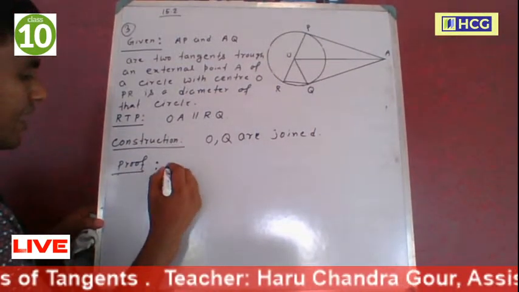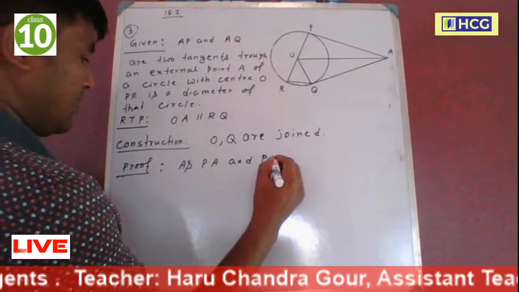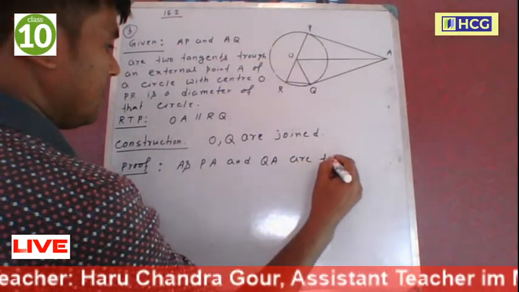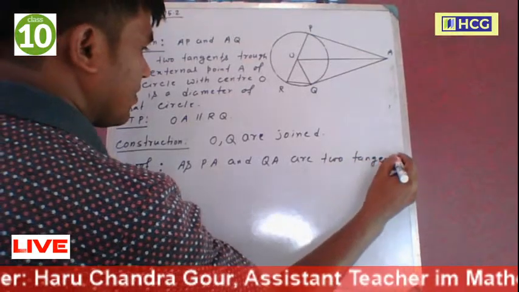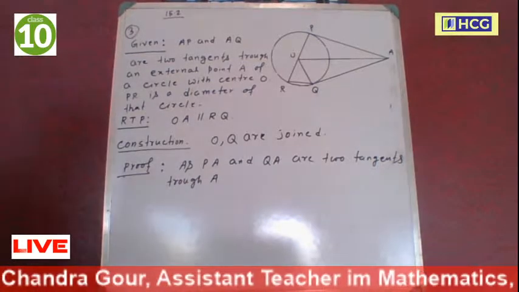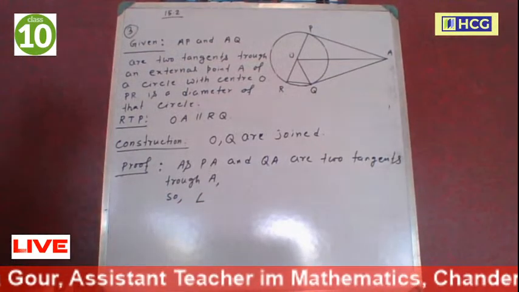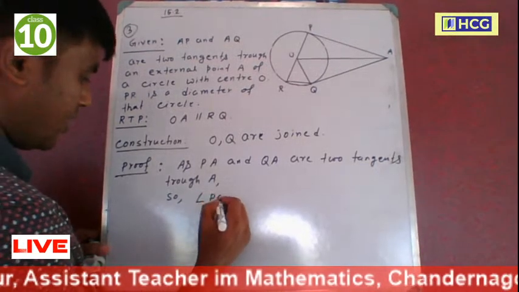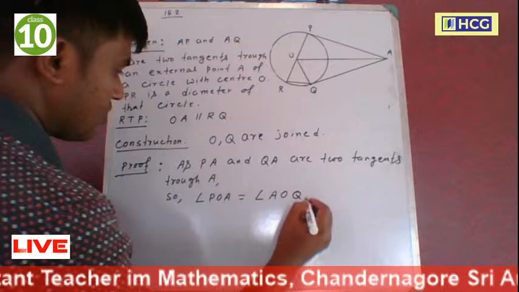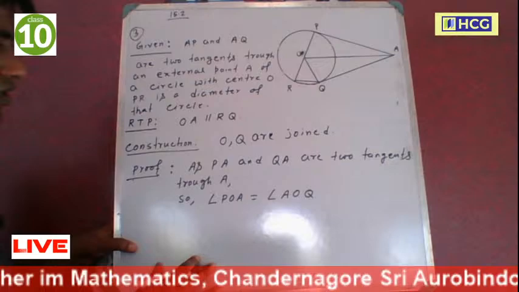So as PA and QA are two tangents through A, they subtend equal angles at the center. So angle POA equals angle AOQ.